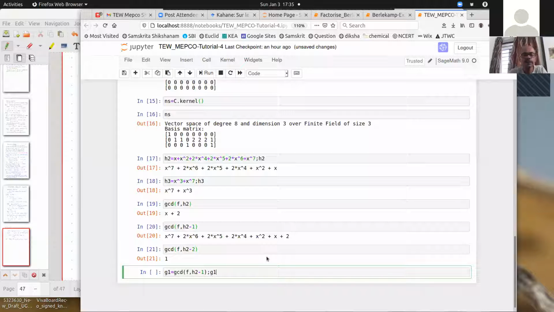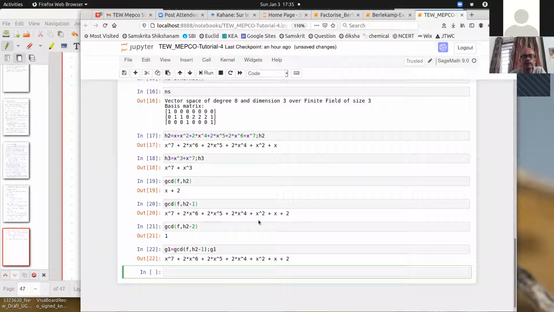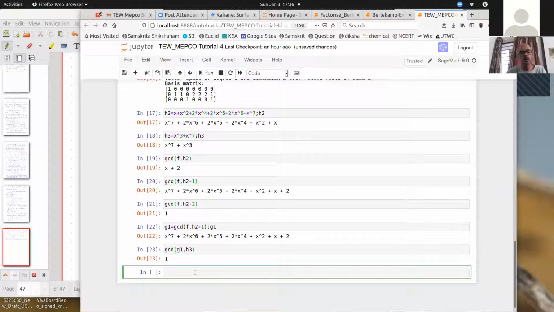Let me see if we have entered things correctly. Yes, we get the same thing. So G1 is this new polynomial which we want to factorize, and we will use H3 as the reducing polynomial. Now again calculate the GCD, but this time not with f but with G1. So G1 and H3. Let's see what it gives. It gives 1, no use.